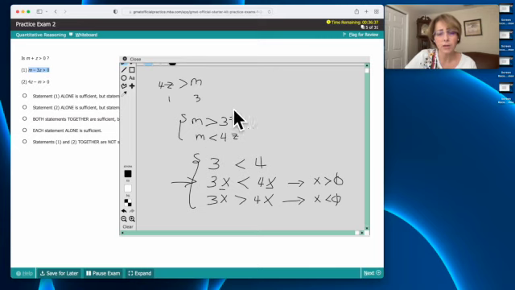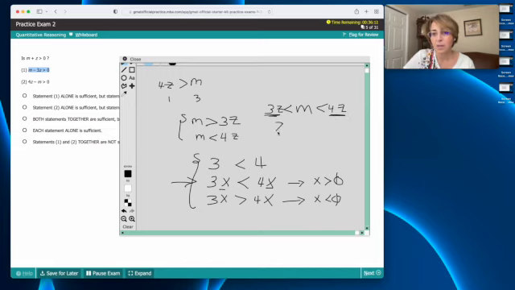So with this one, recognizing this fact, I know that m is less than 4z, and it's also greater than 3z. What does that tell me about m? What does that tell me about z? This is telling me that 3z is less than 4z. Therefore, since 3 is less than 4, multiplying it with z did not change the sign.